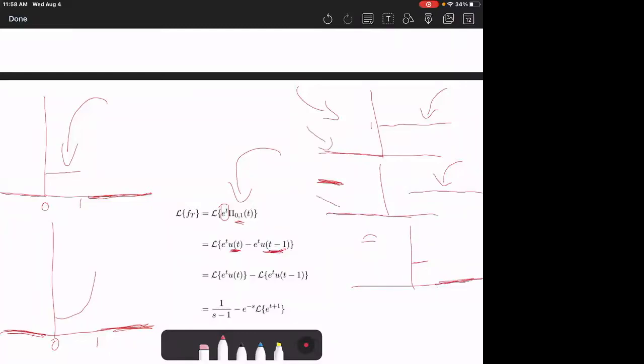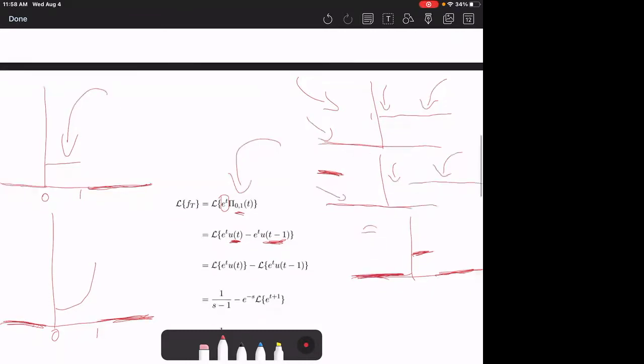This 0 minus this 0 just gives us 0. The only place that isn't 0 is where I have 1 minus 0. So that gives me 1. So that's how you can create a rectangular window function by subtracting unit step functions.